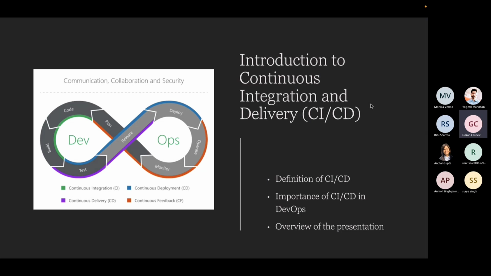By integrating code changes into a code repository multiple times a day, teams can identify and resolve problems earlier in the development process, which will ultimately lead to a faster time to market and improved software quality.